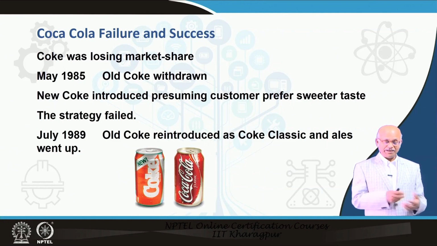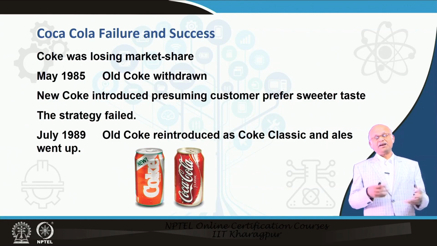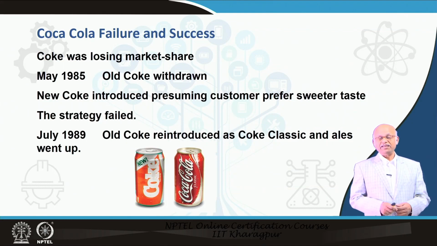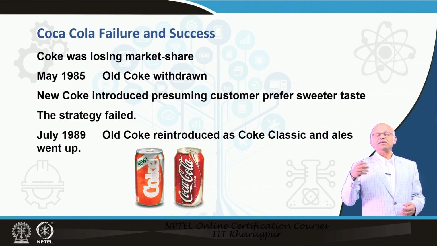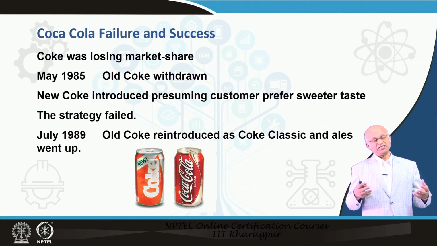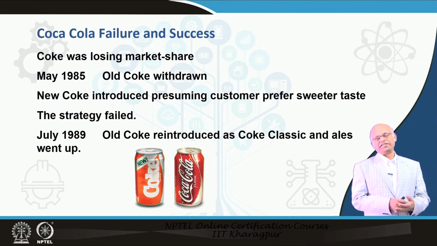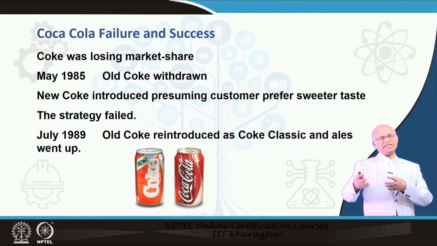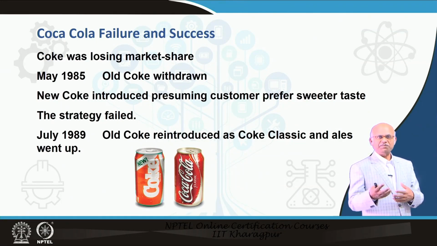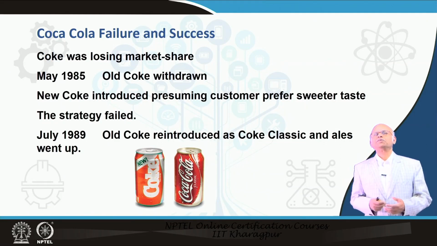So, their sales went down, and then they asked the same question to customers again, and they realized that it is not the taste or the sweetness or anything, but the emotional attachment, the trust of the brand per se. So, again, a bit of mistaken market research, a bit of successful market research.